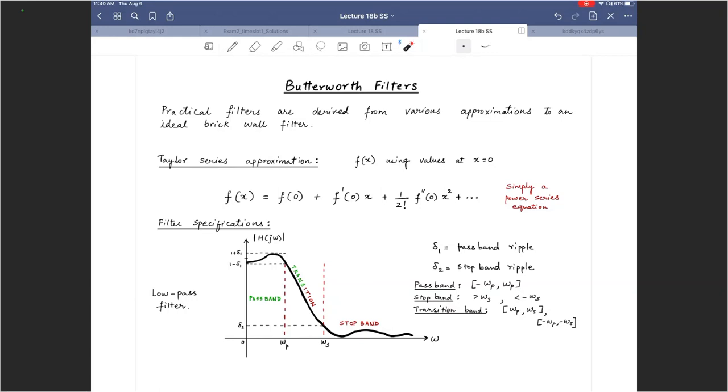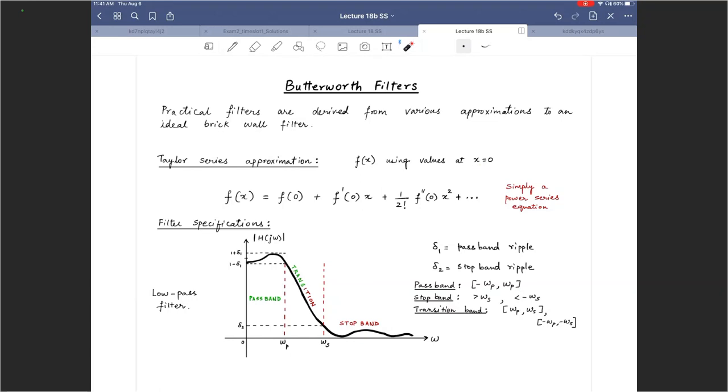The first one is the Taylor series expansion. So I can express any function f of x, and I can do a Taylor series expansion at x equals 0. And I can actually do that at x equals 1 or at a different value as well. But here I'm writing the Taylor series approximation for a function f of x using the values at x equals 0.